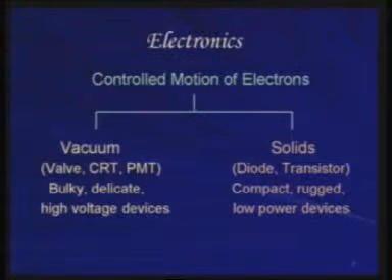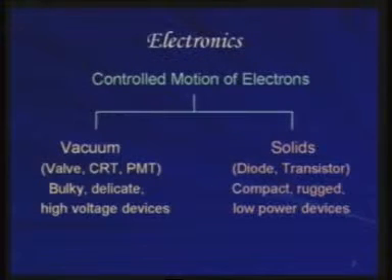We already know the very common words like diodes and transistors. They are very compact, rugged devices. Since they are very small in size, you don't need a lot of power to drive them, so they are low power devices also. So they are very convenient to use.